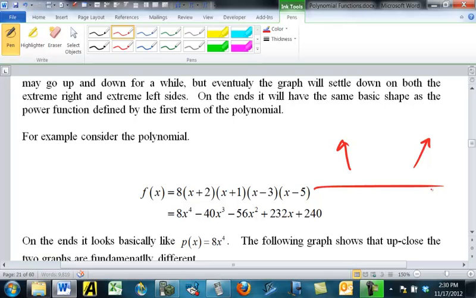We also know somewhere in the middle here, it's going to go through -2, -1, 3, and 5. So we know it's going to go down, up, down, up. Okay, so we know a lot about that just without graphing it.